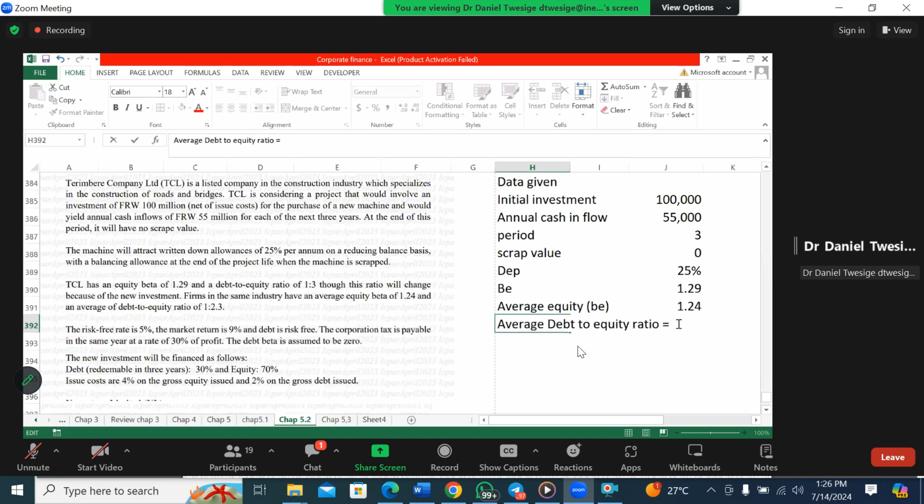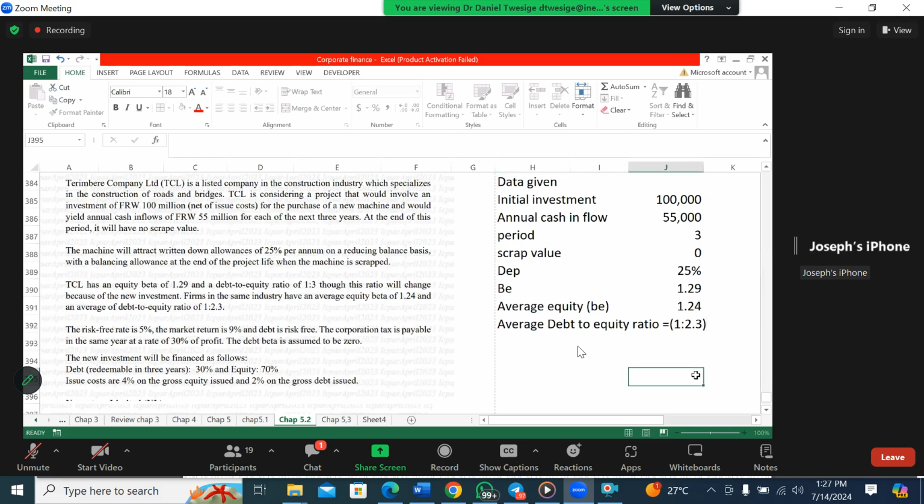Average debt to equity, which is 1 to 2.3. But you have changed.